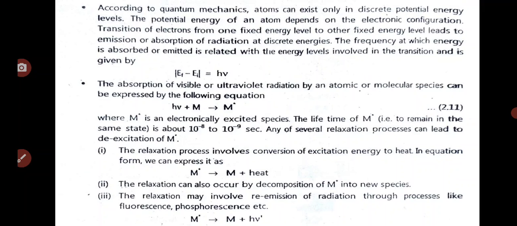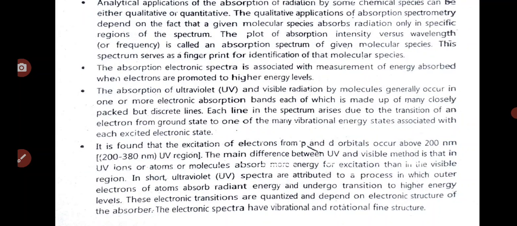Relaxation can also occur by decomposition of M star, and it also involves re-emission of radiation, giving processes like fluorescence and phosphorescence, where M star gives M plus h nu.